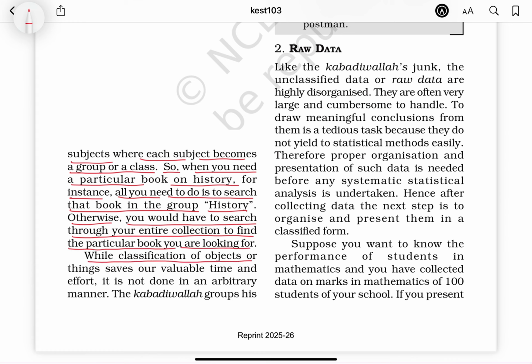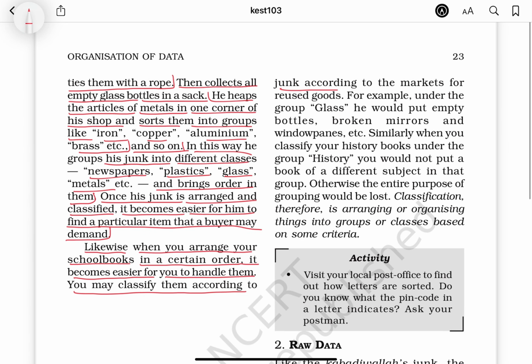While classification of objects or things saves our valuable time and effort, it is not done in an arbitrary manner. The kabadiwala groups his junk according to the markets for reused goods.